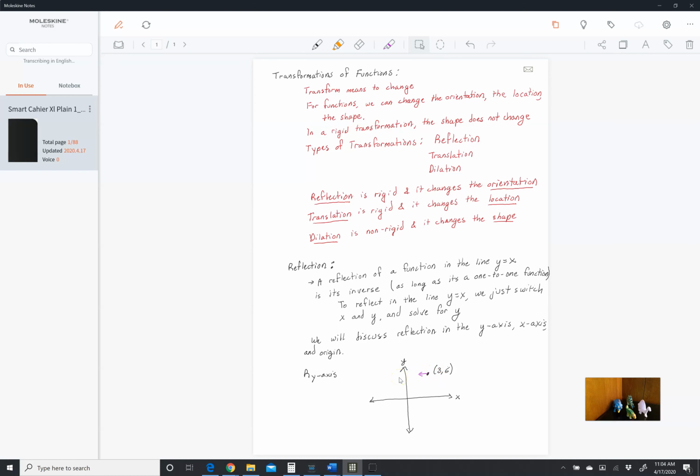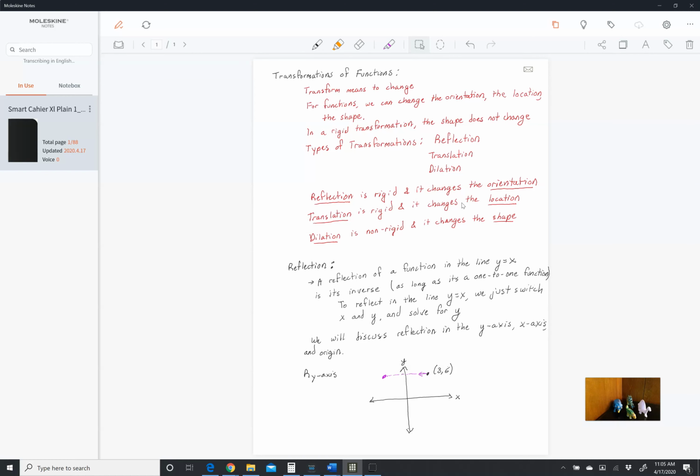And what we want is to see our reflection on the other side, which means that this distance to the y-axis here is going to be exactly the same as our distance to the y-axis on the other side. So on the other side, we have our reflection. And we're saying, okay, what are the coordinates of that new point?